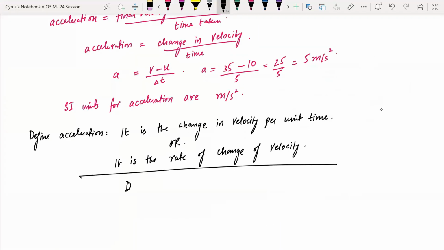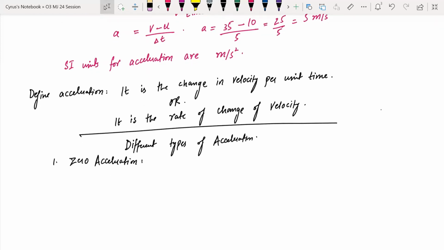So different types of acceleration. एक होती है zero acceleration. ठीक है? Zero acceleration में क्या होता है? It's constant velocity, right? The velocity is not changing. So there is a car here, and the initial velocity was 10. The final velocity is also 10.